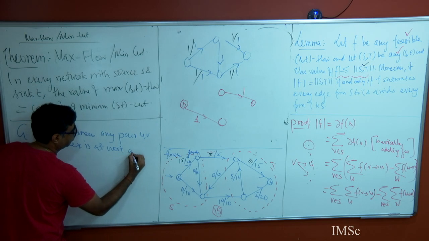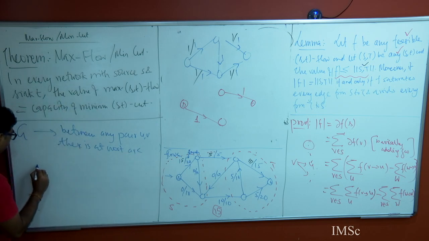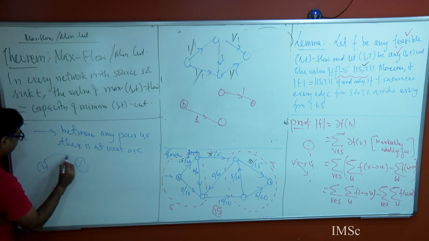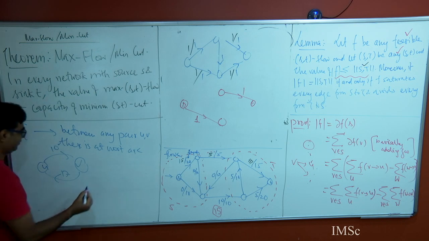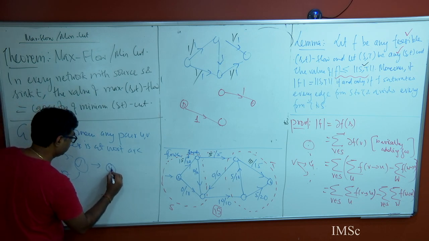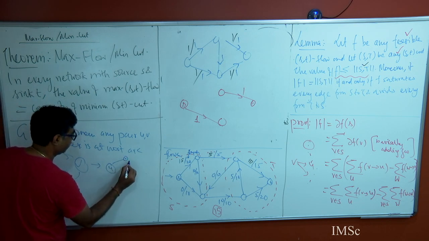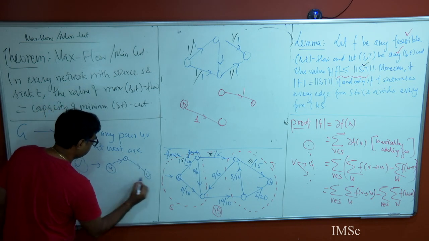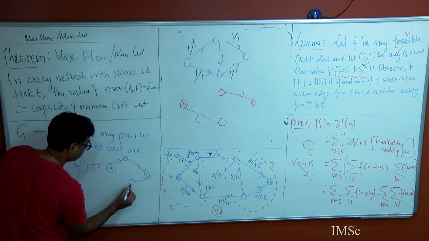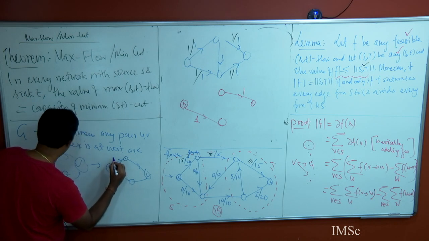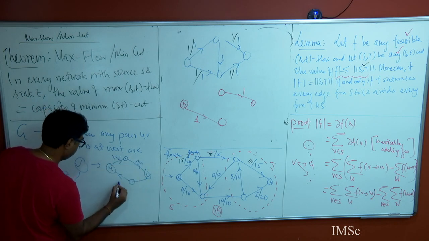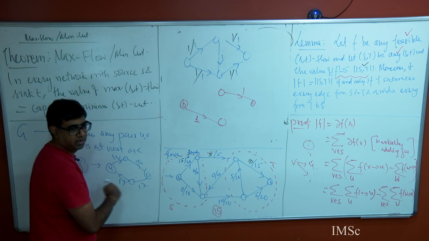It is not very hard to enforce. Why? Because suppose you had some U and some V, and you had say some 10 and some 17 flowing in, I can just transform it: add one single node each, and make 10 here, 10 here, 17 here and 17 here, and get this assumption.